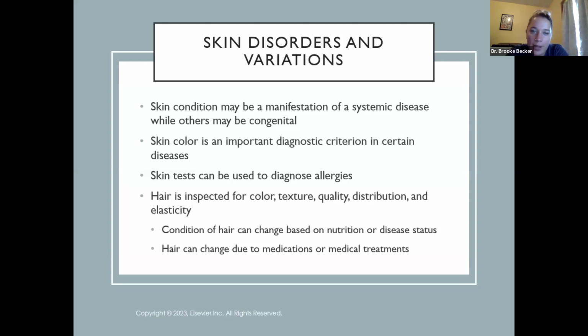And so that's always a picture of a nutritional or a disease process going on. And then sometimes kids' hair can change, and their skin coloration and appearance can change with certain medications that they're on or certain interventions that they've had to have based on their diagnoses.